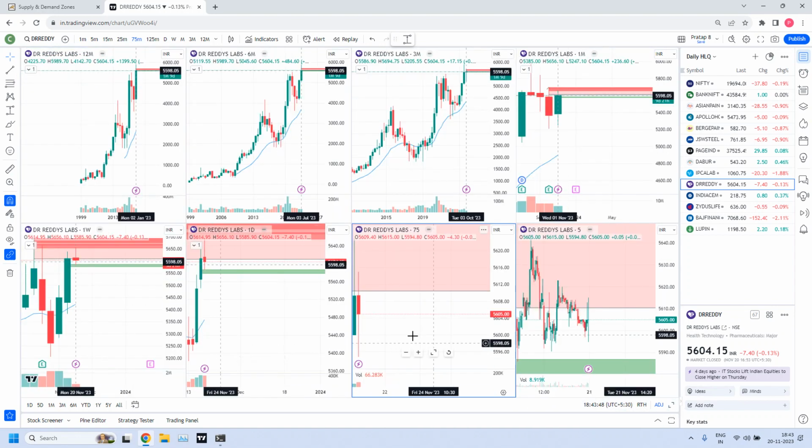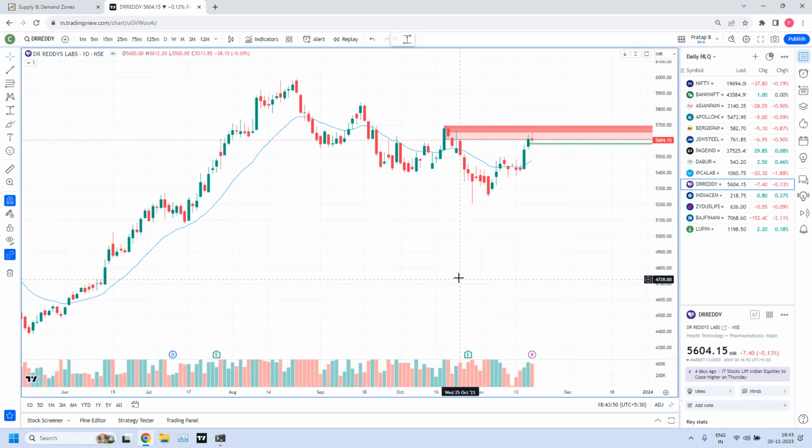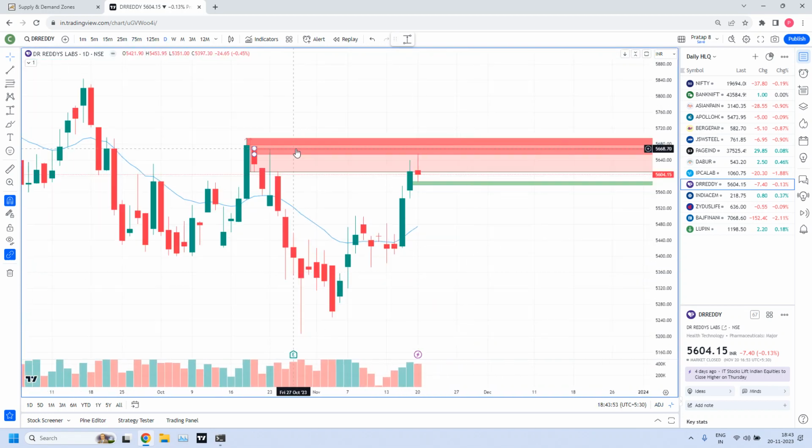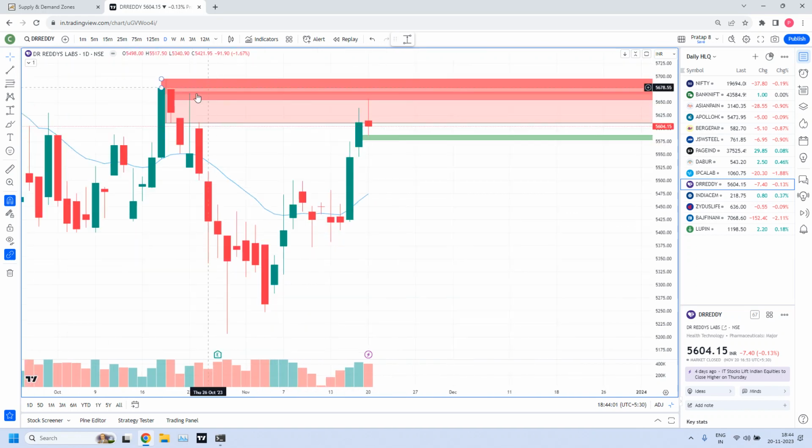So this is a daily high liquidity zone. Dr. Reddy, no, this is not daily high liquidity. Yes, sorry, this is a daily high liquidity zone. We have fine-tuned to a 5 minutes level zone, which is a high liquidity zone.